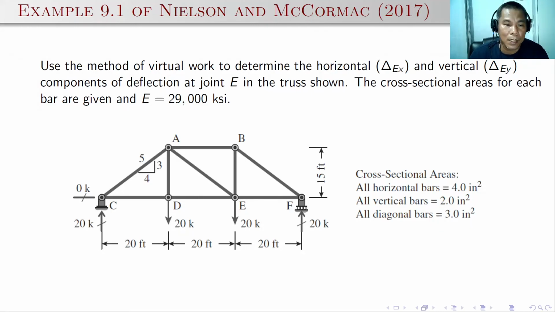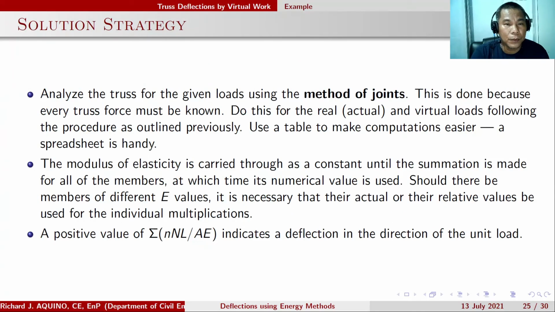So for our solution strategy, analyze the truss for the given loads using the method of joints. This is done because every truss force must be known. Do this for the real, that is actual, and the virtual loads following the procedure as outlined previously. Use a table to make computations easier. A spreadsheet is handy.